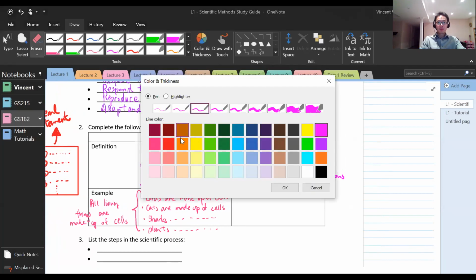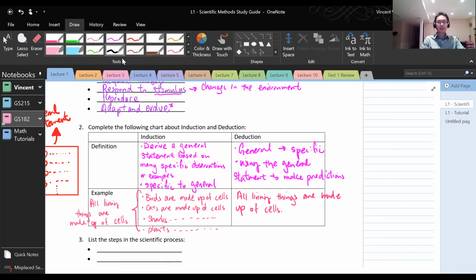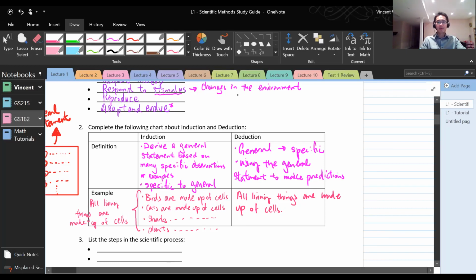An example of that would be starting with, let's say, this statement: all living things are made up of cells. And then you travel to that hypothetical island that I was talking about earlier, and you discover these circle things with legs, and you say, oh, they are living things.